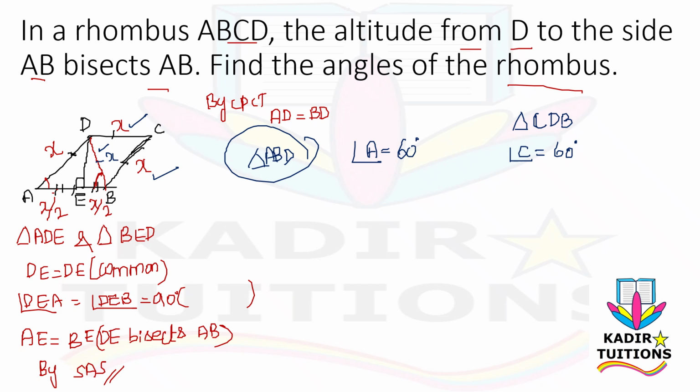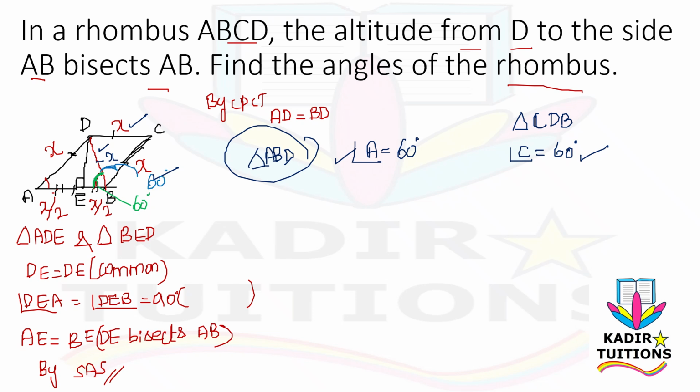So as of now we found angle A equal to 60 and angle C equal to 60. Still we need to find the others, right? So I will mention over here. When we are considering ABD as an equilateral triangle over here, that means angle ABD is 60 degrees. And when we are considering DBC as a triangle over here, this one is 60 degrees.